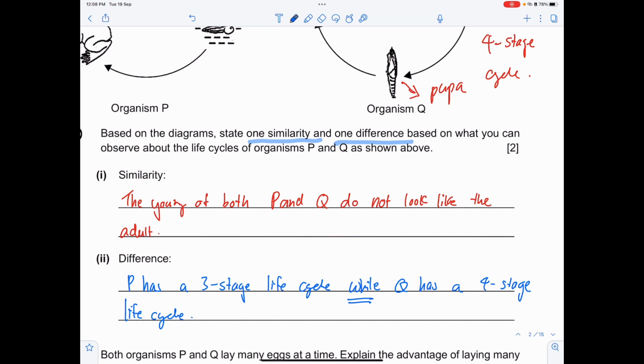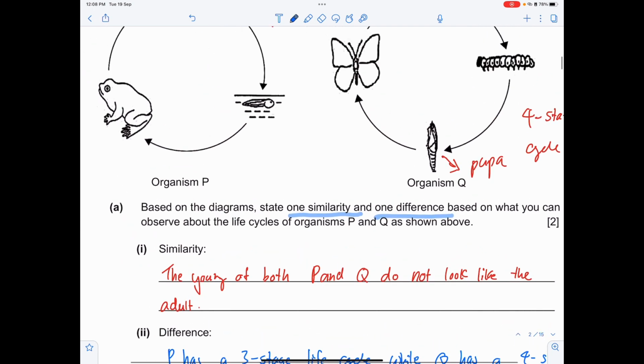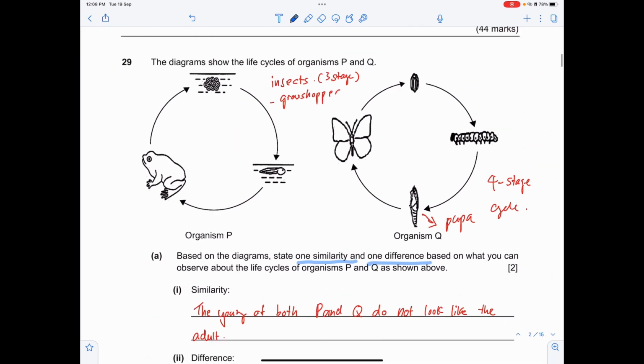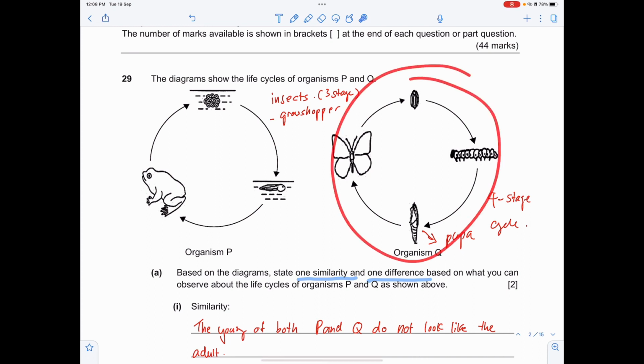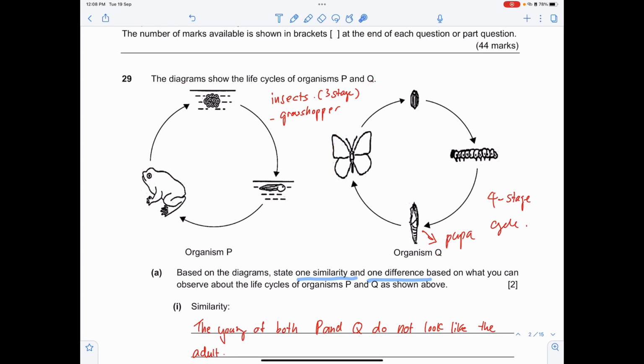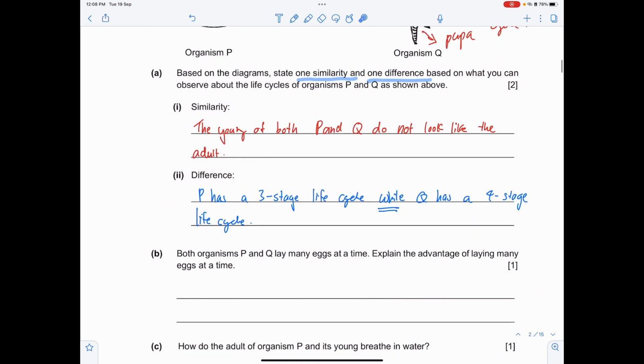That is one difference. Another difference is that for all the stages of Q, it is actually on land. However, for organism P, there are actually 2 stages of it that are in the water.